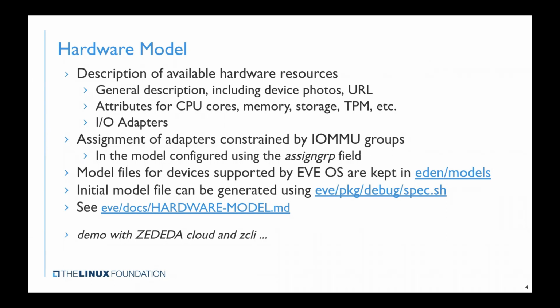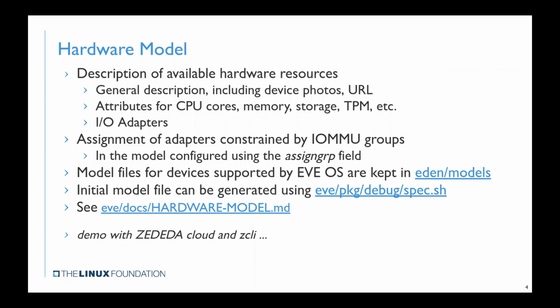Let's say that one of these devices is actually needed by the host, by EOS. In that case, the other adapters in the same group cannot be put into an application. They have to stay together for the host, to be used by the host. In that case, the assign GRP should be set to an empty string. That basically means not usable by applications.